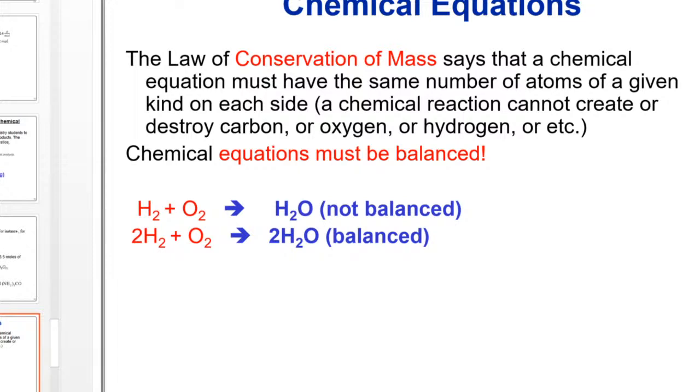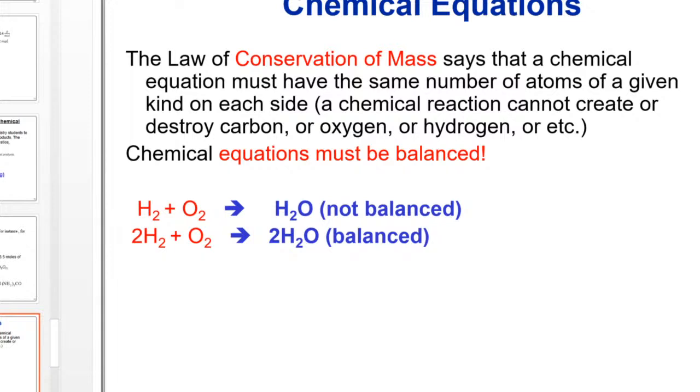So we are still on chemical equations. The law of conservation of mass, for those who attended the first lecture, says that a chemical equation must have the same number of atoms of a given kind on each side. Remember the law of conservation of mass. It states that matter or mass can neither be created nor destroyed.